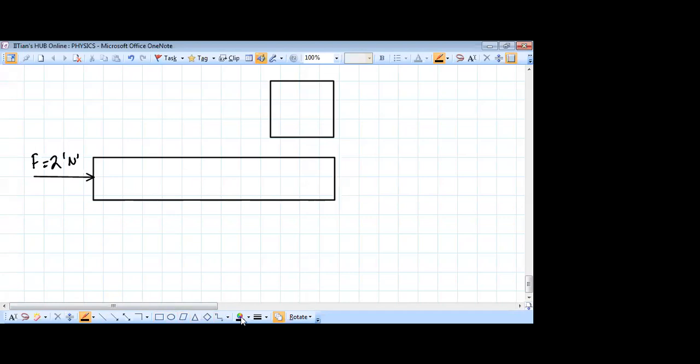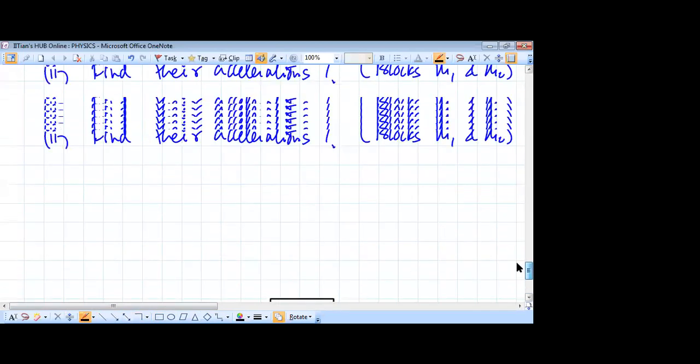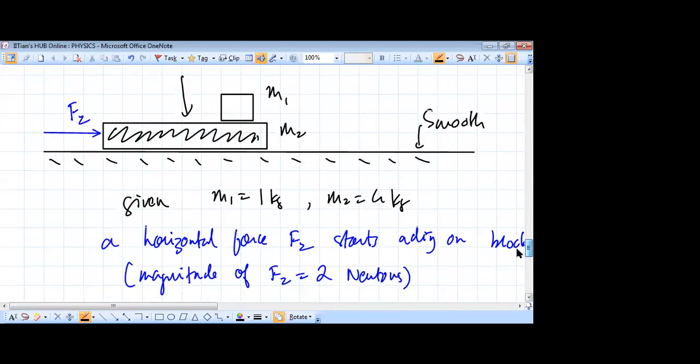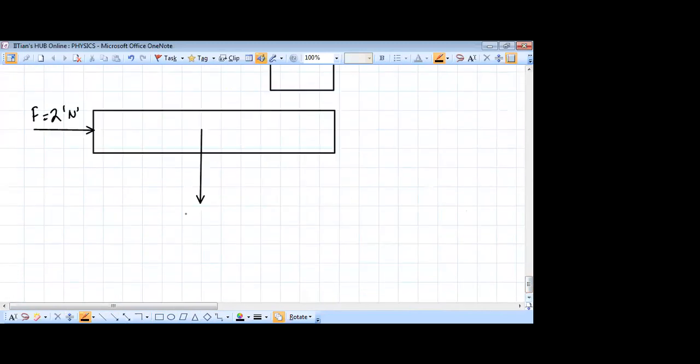Now this block has its own weight, which is m2g, where m2 is 4 kg. So this is equal to 4 into 9.8.